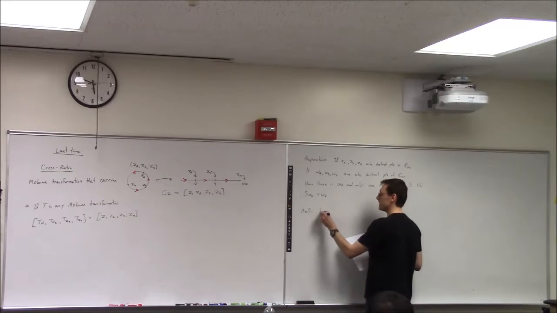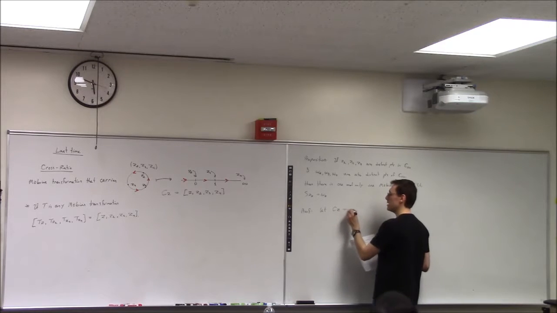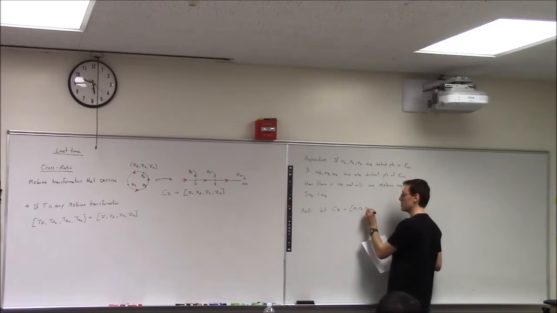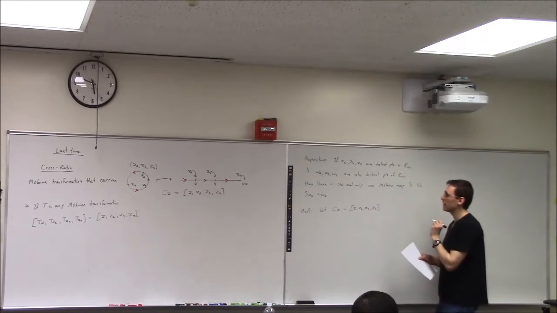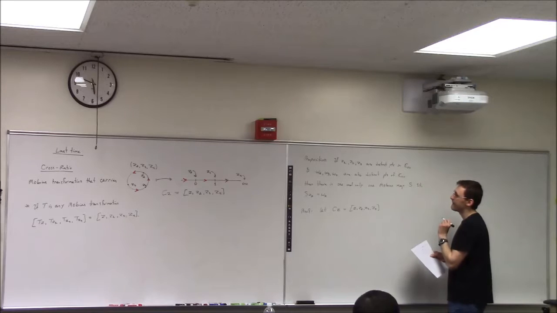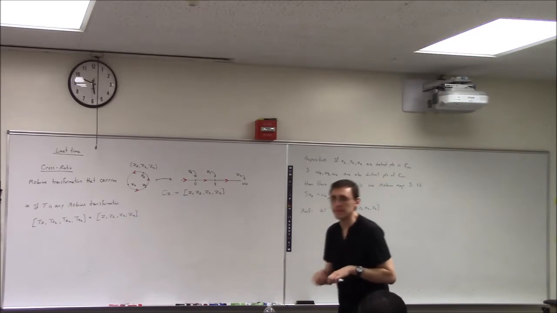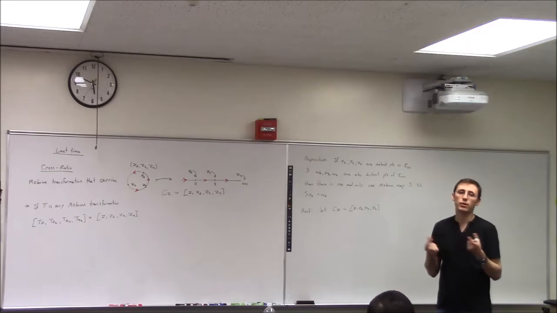So let the cross ratio Cz be just given by Z, Z2, Z3, Z4. Okay? So again, I want to remind you that if I specify any 3 points, they must be on a circle.